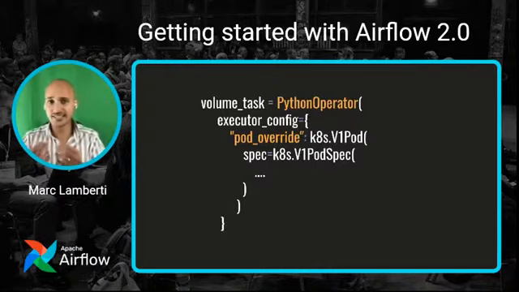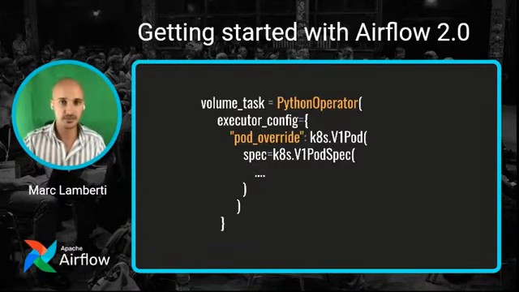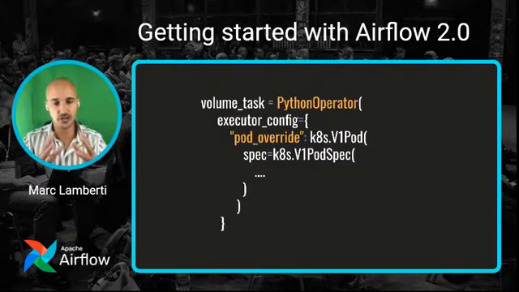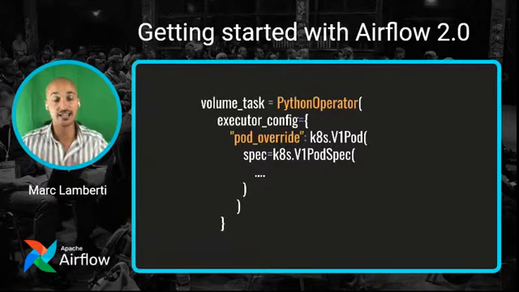Right now with Airflow 1.10.x, if you use the executor config, you will be limited. You have this dictionary, and you can only customize what the dictionary allows you to customize. This is not the case anymore in Airflow 2.0. With the new executor config, you can fully use the Kubernetes API. And so as long as you know Kubernetes, which is a beast, you are able to customize your pods as much as you want.